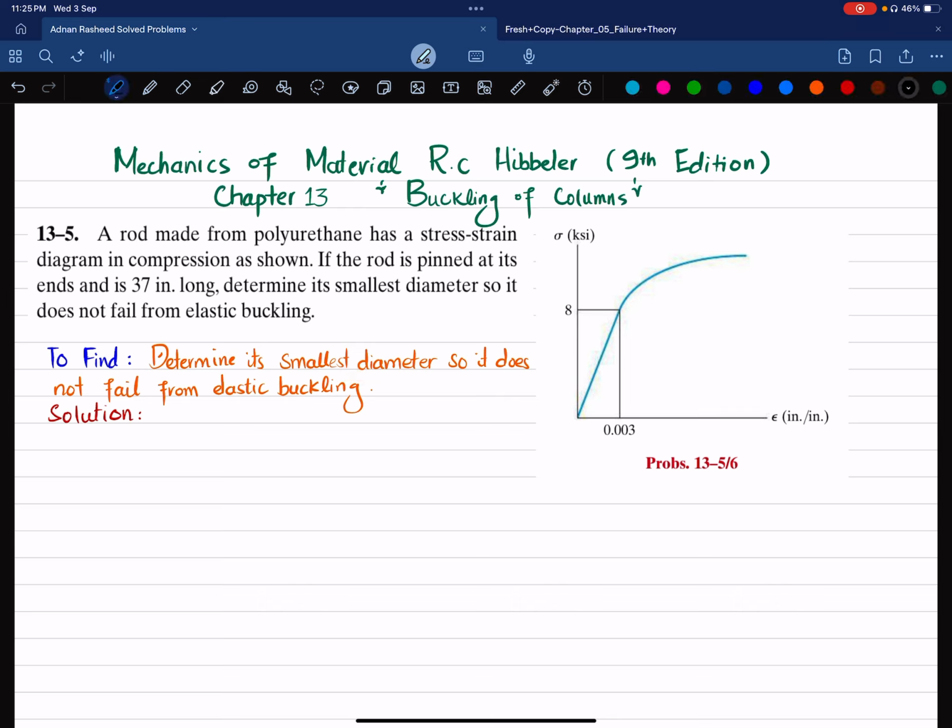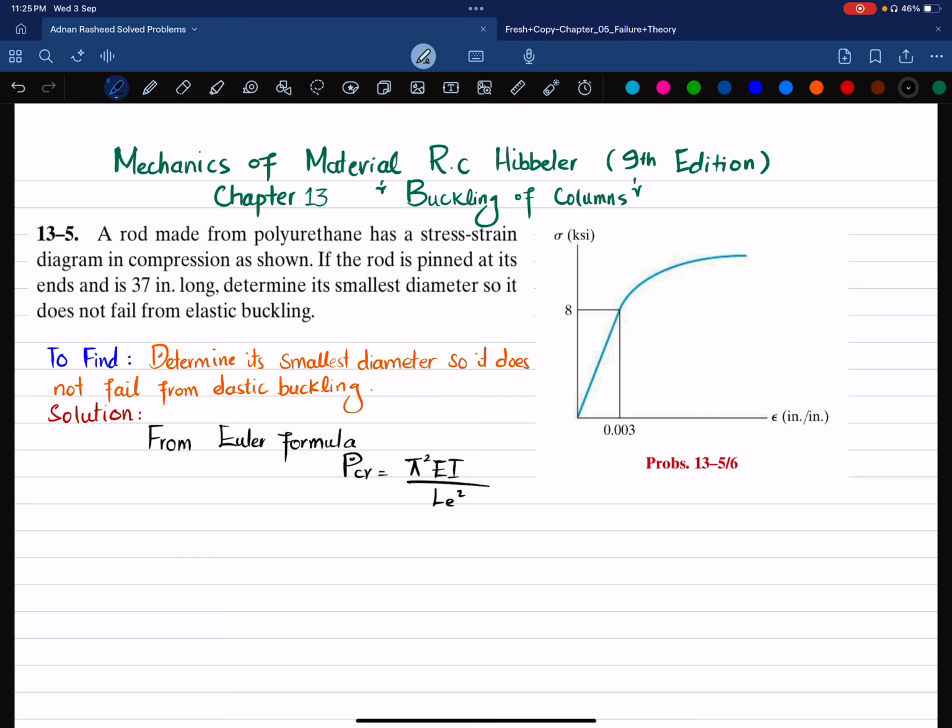As we know, from Euler's formula, P critical is equal to pi square E I divided by LE square, where E is the modulus of elasticity, I is the moment of inertia, and L is the effective length.